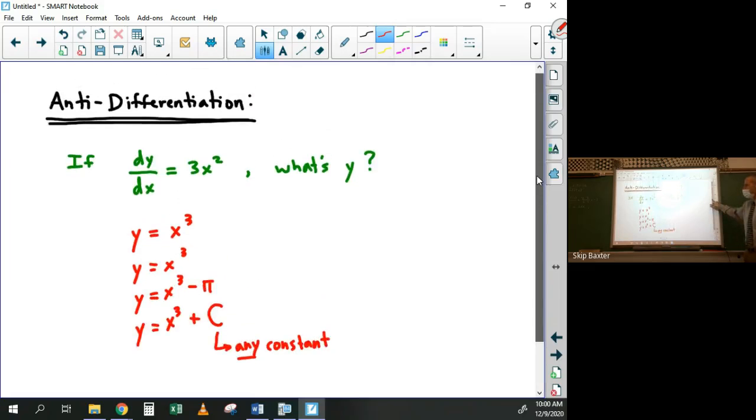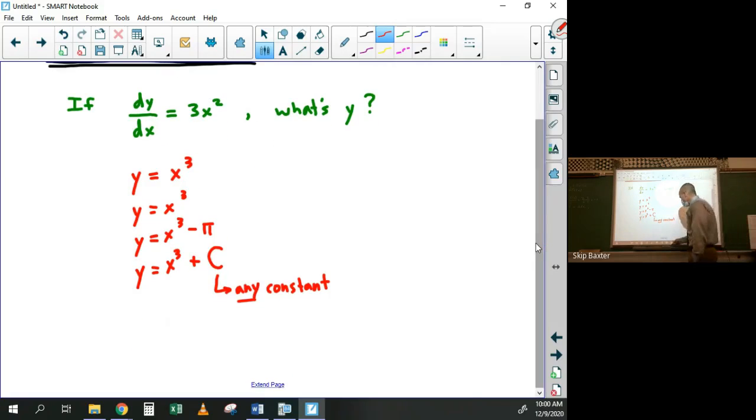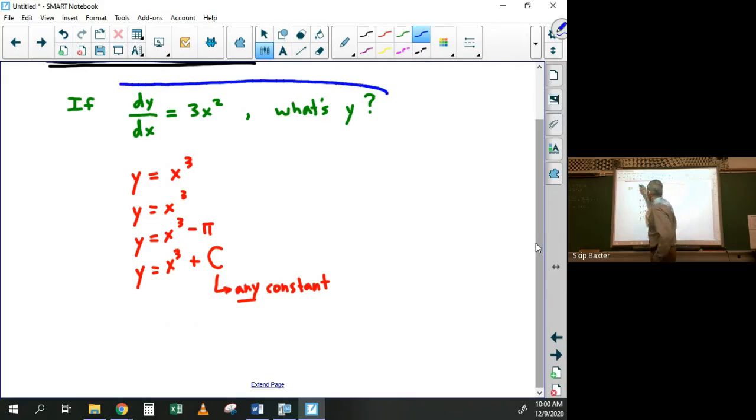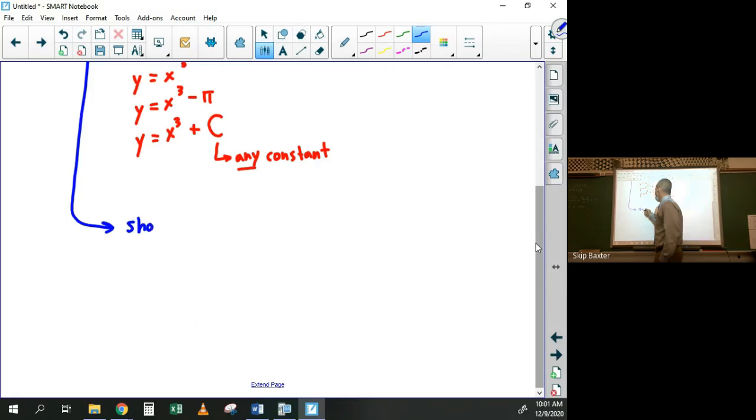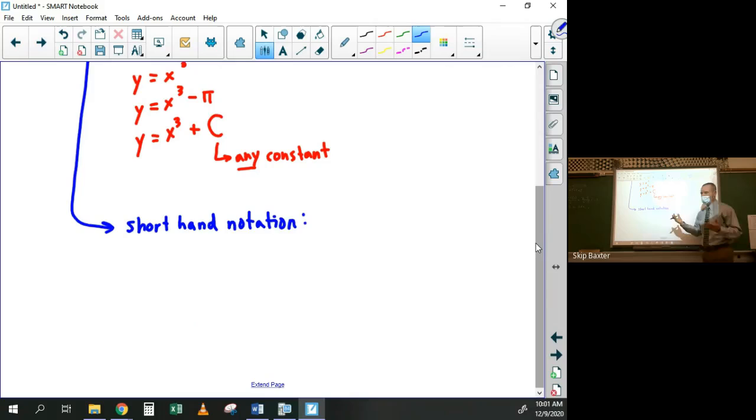Okay. Now the shorthand notation, you don't want to write this every time. If dy/dx equals 3x squared, what is y? That's a lot to write. So there's shorthand notation for that, and the notation is an elongated S. Kind of looks like this.